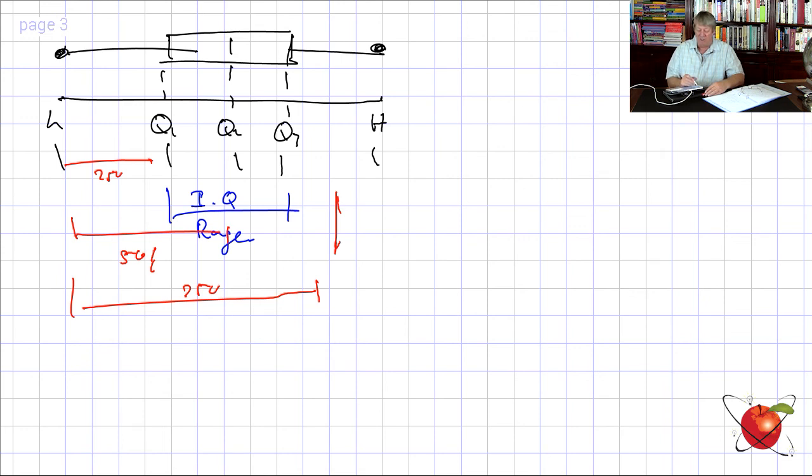So it's cumulative 0 to 25, but it's also 25 there, 25 there, and 25 there. So a quarter of the students, let's say, are above that number. Half are below and half are above the Q2, aren't they? All right?